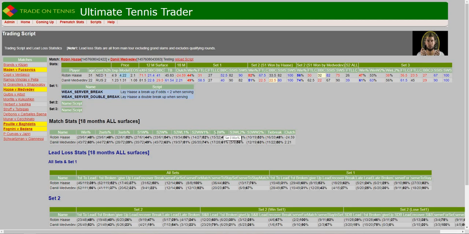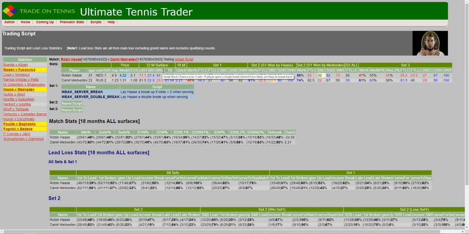Again, we move over here and we've got the set 3 win percentage and we break that down again further. Set 3 when lost, set 2, set 3 when won, set 2. Now, if we look at this screen from the top, we've got a lot of data up here. 12-month surface stats, their expected hold, what percentage they're expected to break their opponent, and if they're broken, their break back chance.